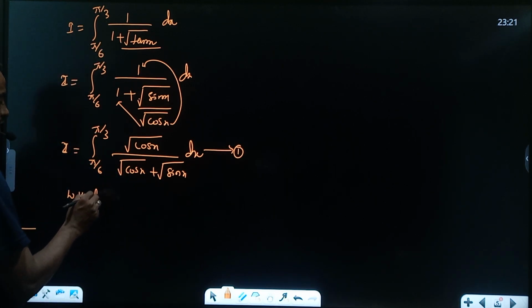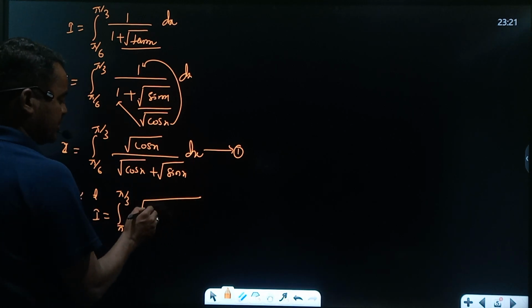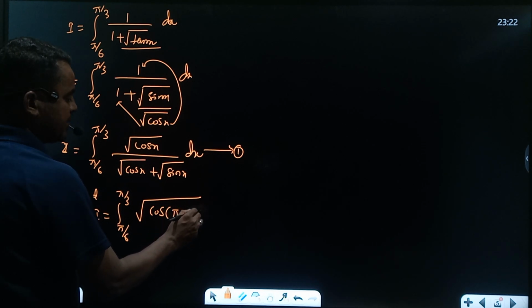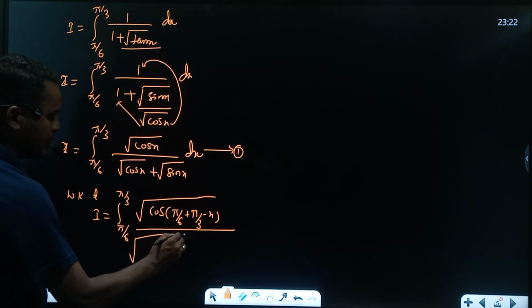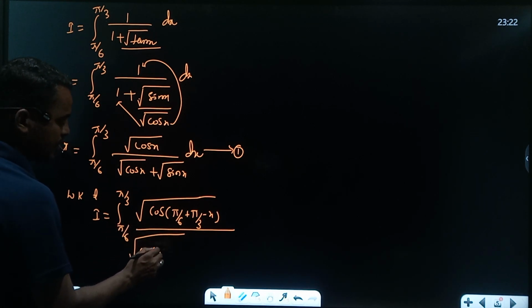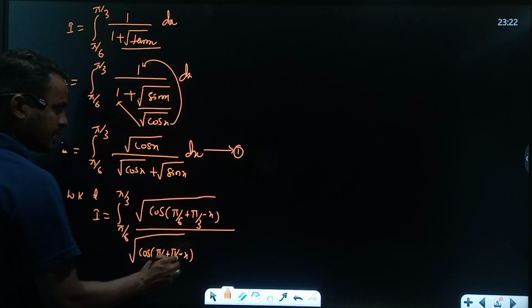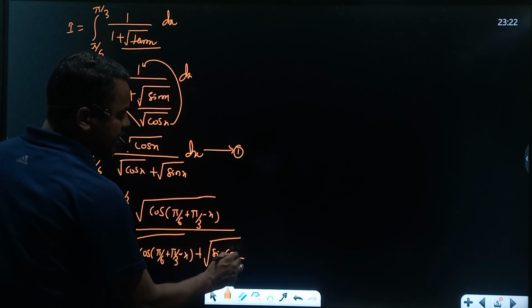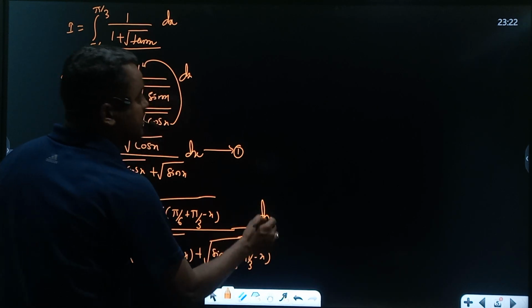We know that I is equal to the integration from 5 by 6 to 5 by 3 of root of cos of (5 by 6 plus 5 by 3 minus x) divided by root of cos of (5 by 6 plus 5 by 3 minus x) plus root of sine of (5 by 6 plus 5 by 3 minus x) dx.